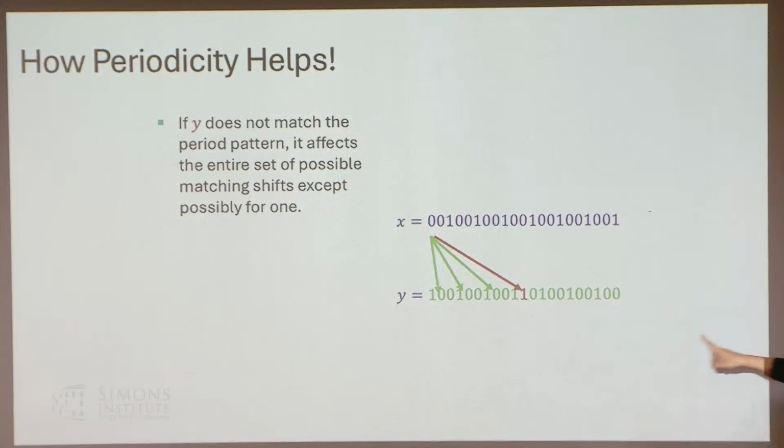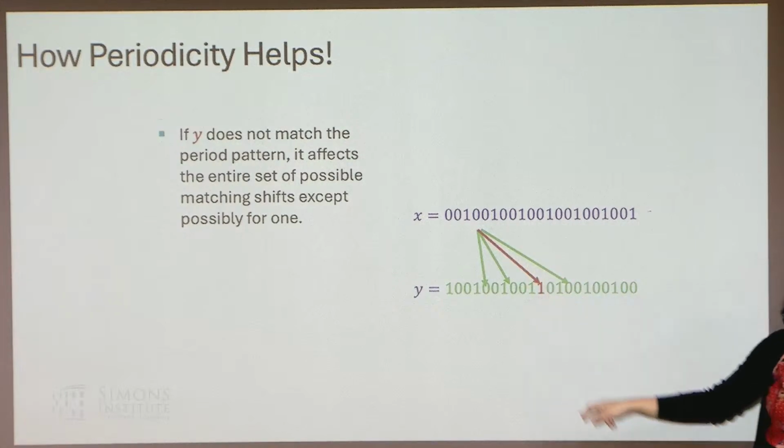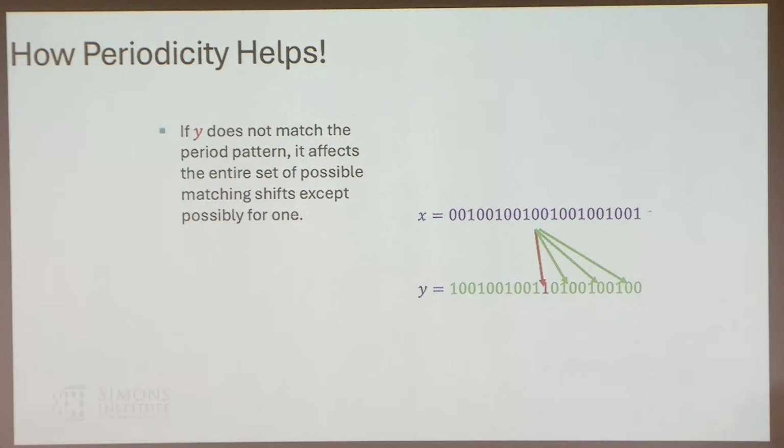So here it affects this diagonal, but soon after, when you move a little bit, it will affect this diagonal. You move a little bit more, it will affect this diagonal. In this case it's actually affecting all the diagonals, but it's possible that one diagonal will be spared. For example, you are going from 1, 2, 3, 4, 1, 2, 3, 4, then you come to 5, 6, 7, 8. Whatever was matching like this diagonal might still be okay because the pattern is changing on both x and y, but there would be just one diagonal that might survive. Everything else will break down.